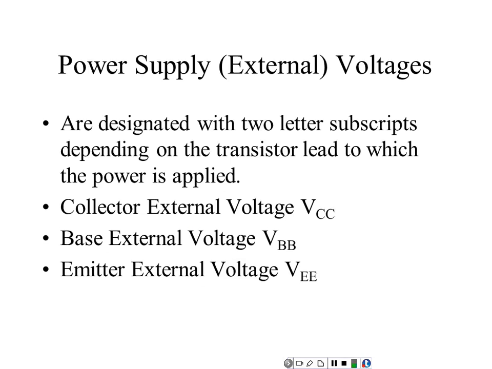Power supply external voltages are designated with two-letter subscripts depending on the transistor lead to which the power supply is applied. Collector external voltage we're going to call VCC. Base external voltage is VBB. And if the emitter is not common, then we can apply voltage to the emitter too, right? Any questions here? We got a lot of these designators, and if you don't understand them, then we can't talk any further.